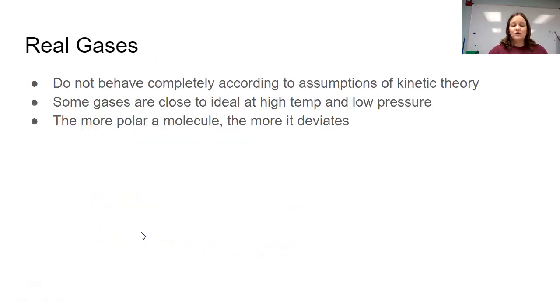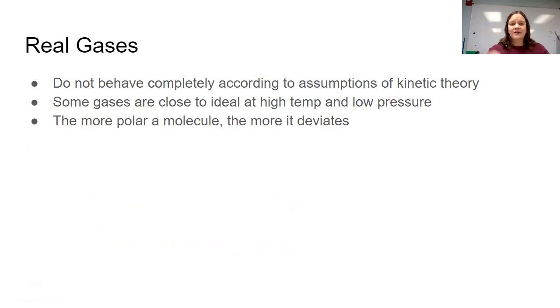Okay, so we said that the kinetic molecular theory is what we apply to ideal gases, and ideal gases don't really exist. So what about real gases? Why do we study this thing if it only applies to ideal gases that don't even exist in nature?